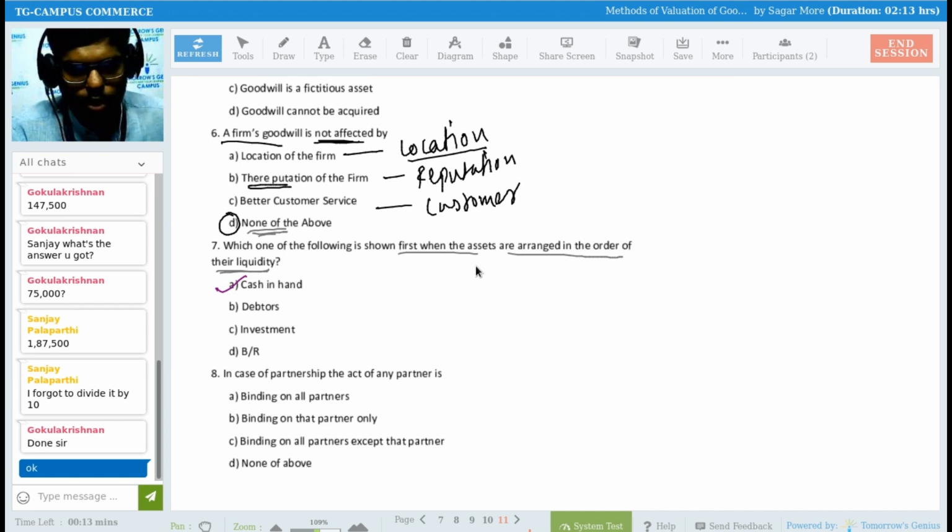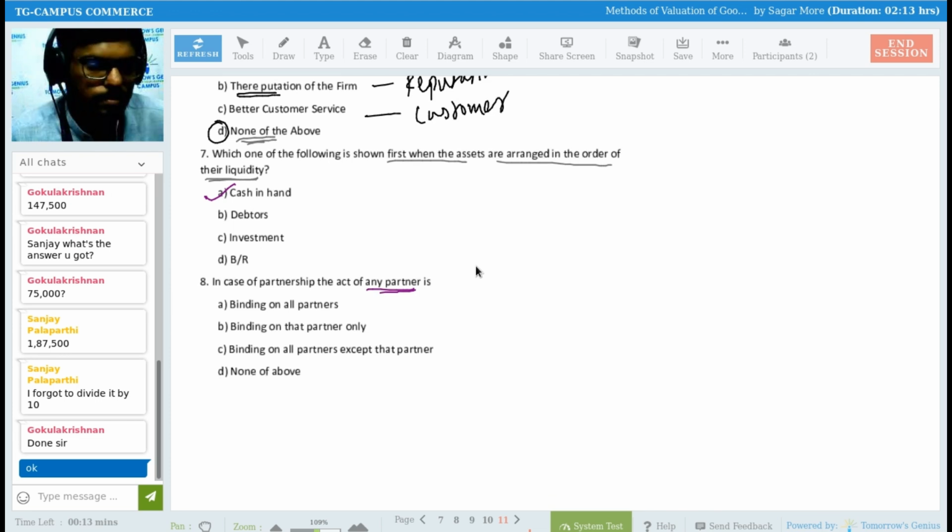In case of partnership, the act of any partner is binding on all partners, binding on that partner only, or binding on all partners except that partner, or none of the above. All the partners, because they are jointly and severally liable. You might have heard this word.